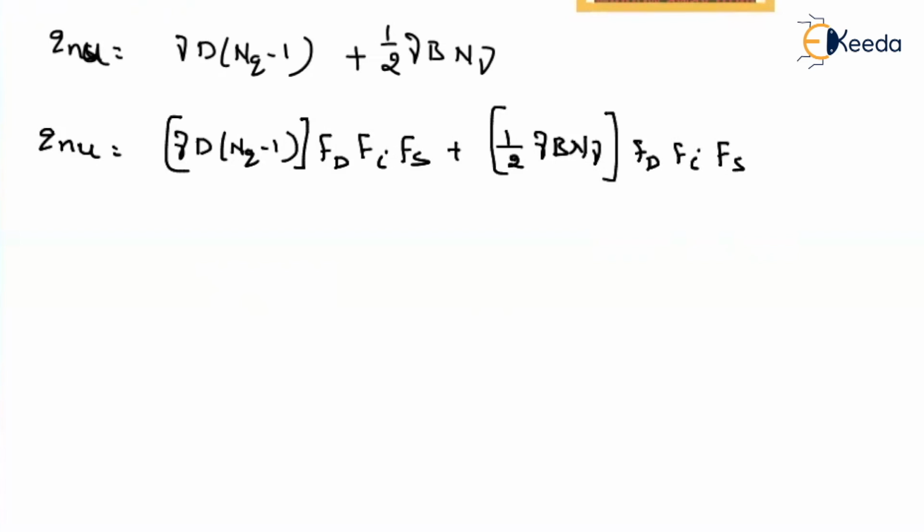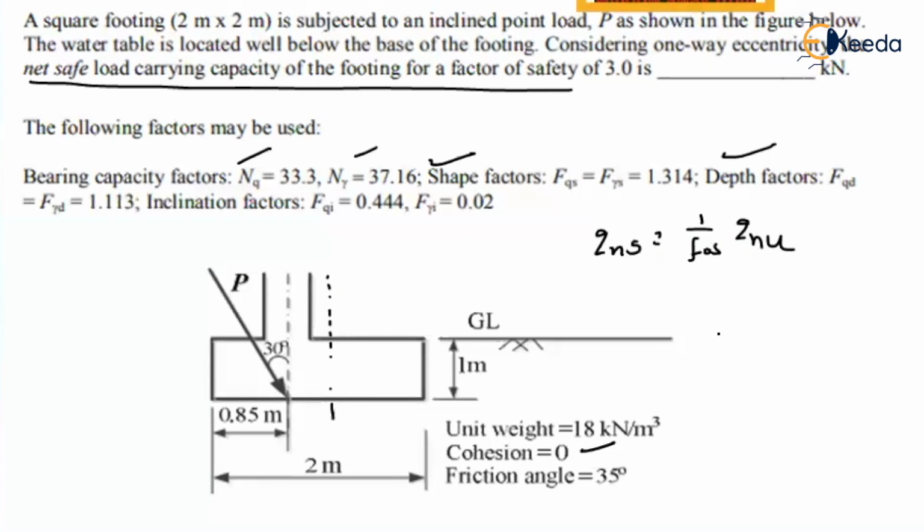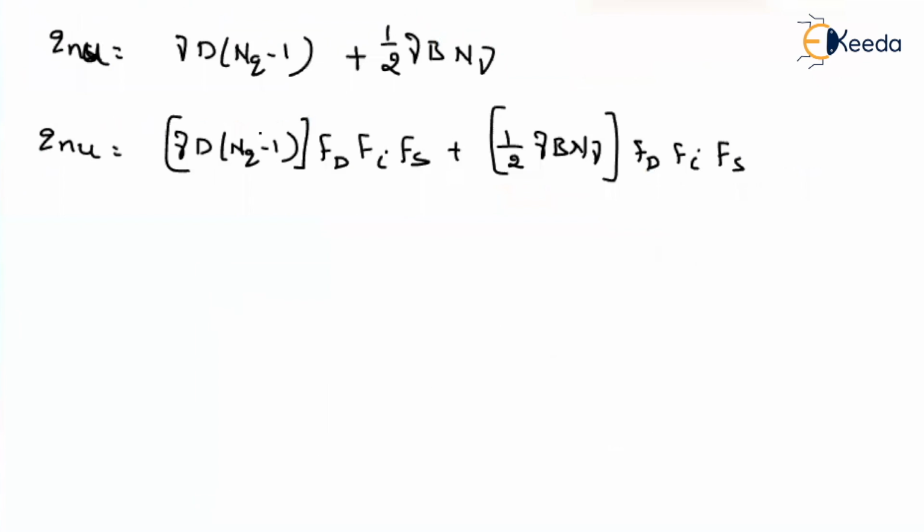So see the data. As the groundwater table is very far below, gamma is given as 18 kilonewton per meter cube. What is the shape factor? 1.314. And what about the depth factor? 1.113. Inclination factor 0.44. If you see here, the inclination factor is different for the q term and also different for the gamma term.